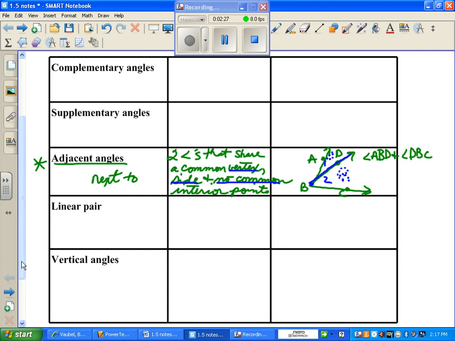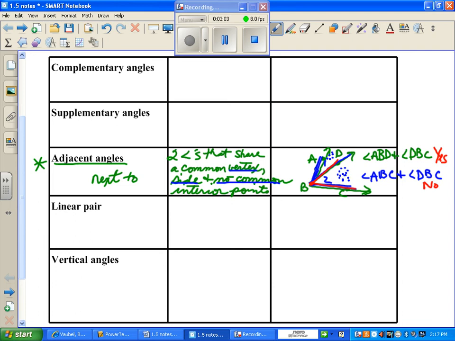Be careful. I could also write this as angle ABC and angle DBC. Now look at the angles that I'm talking about and watch carefully. Angle ABC, the big one. Is that adjacent to this angle DBC? And the answer is no. They do share a common vertex.